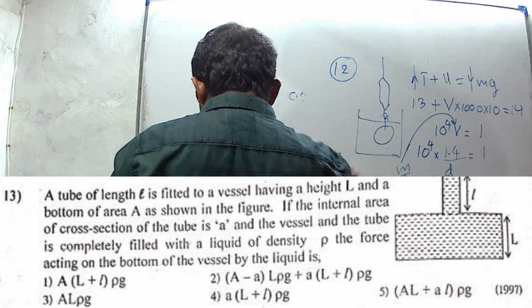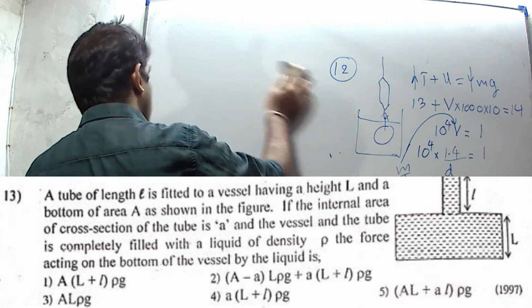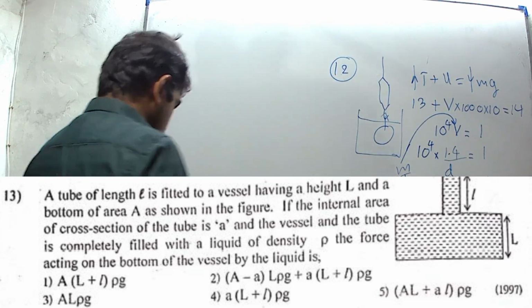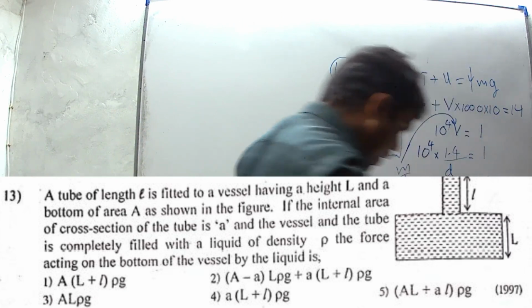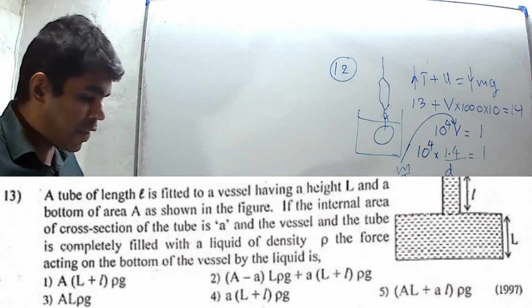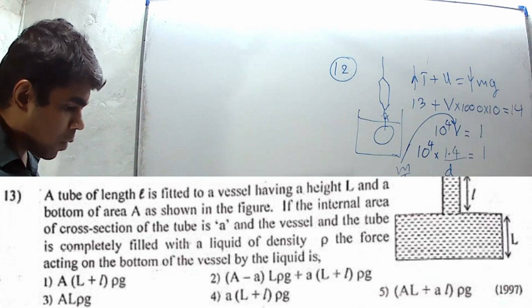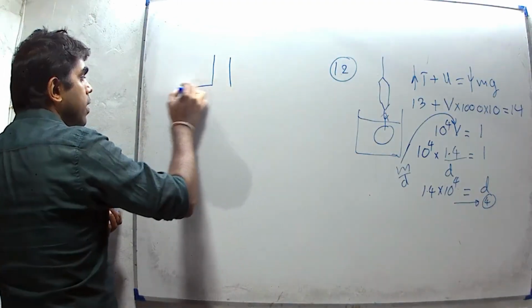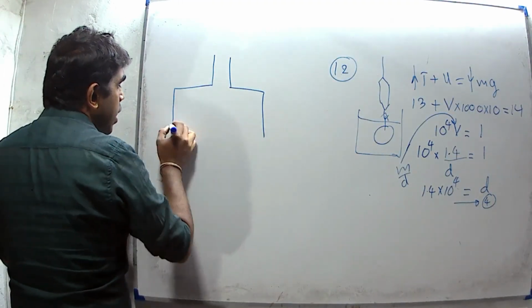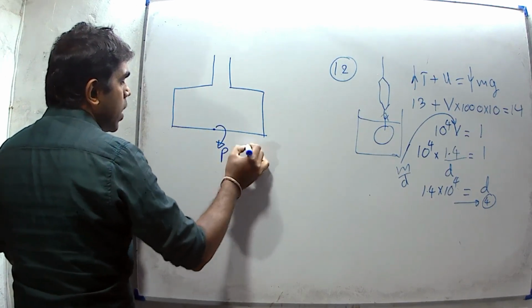If the internal area of cross-section of the tube is A and the vessel and tube are completely filled with liquid of density rho, the force acting on the bottom of the vessel by the liquid is... We know that when considering this container, pressure at this point is h rho g.